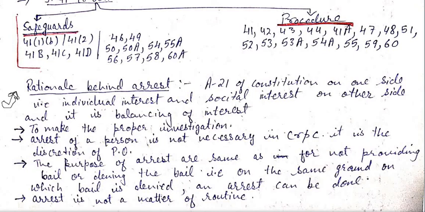Transparency means whom the police officer is arresting, from where he has arrested the accused, and why he has arrested that person. He should be told that he can contact his family members. He should be told the allegations against him, उसको उसके खिलाफ जो आरोप लगे हैं वो बताने चाहिए.